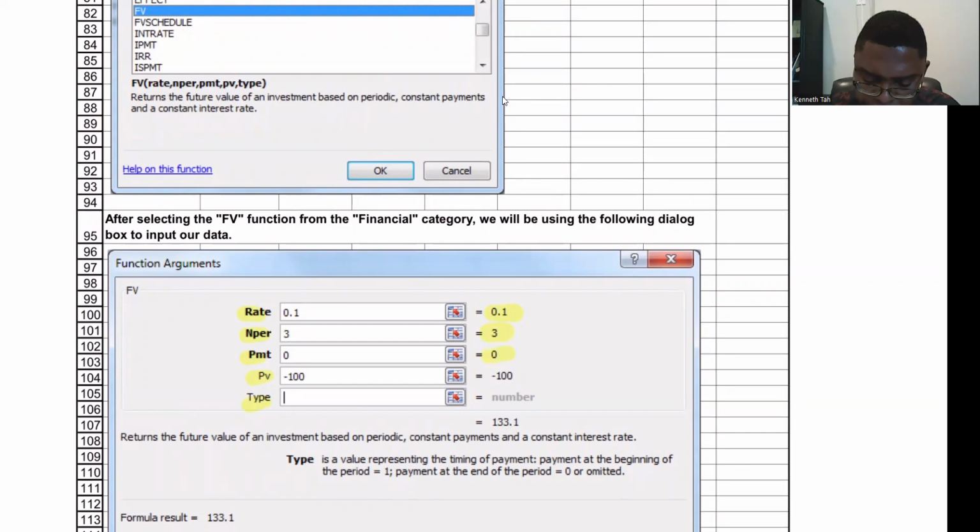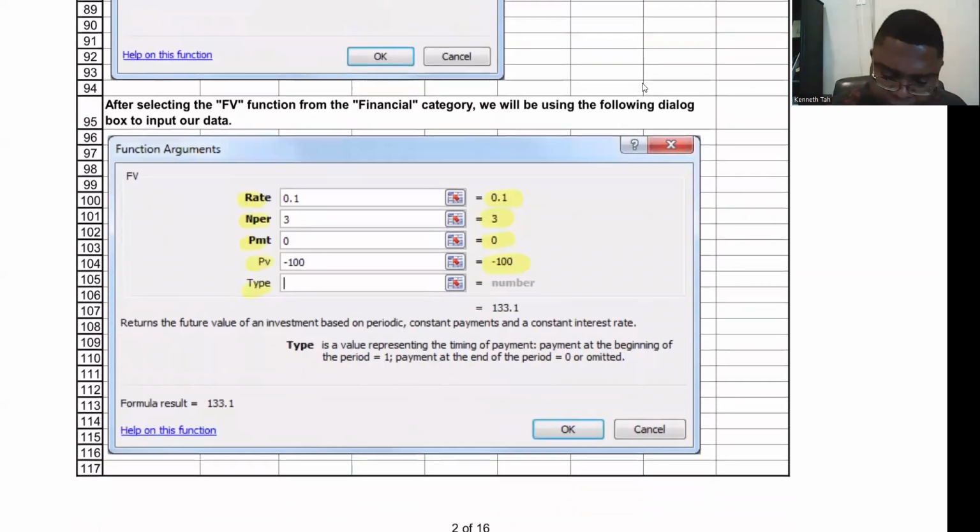It will ask for present value. So we need to give it a negative present value, because money needs to go out so that money can come in. Since we're trying to calculate the future value, once we hit enter, it will give us our answer, which is 133.1.